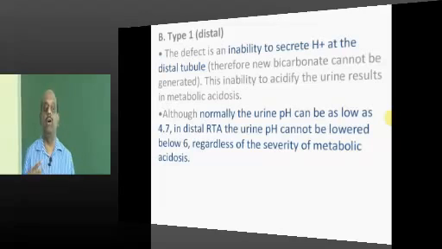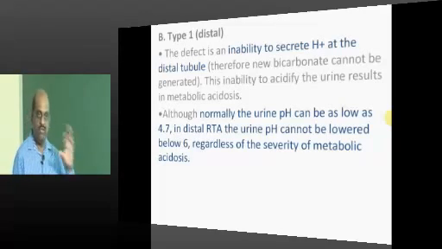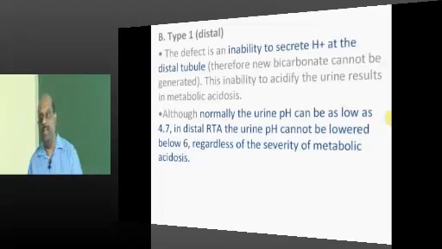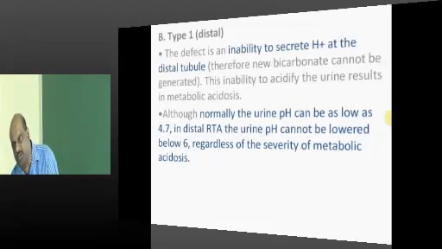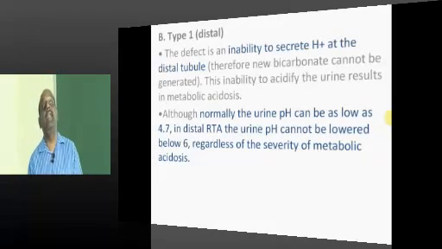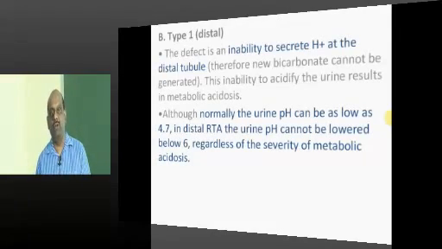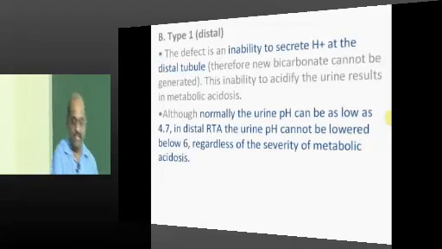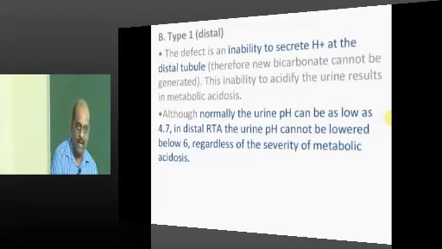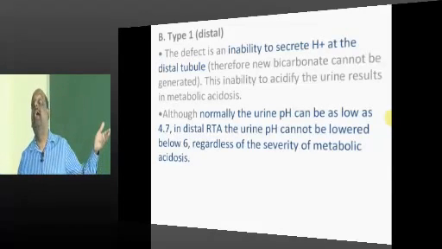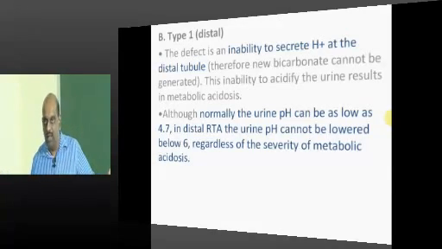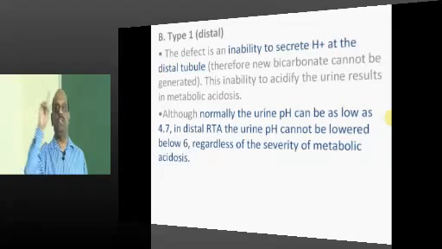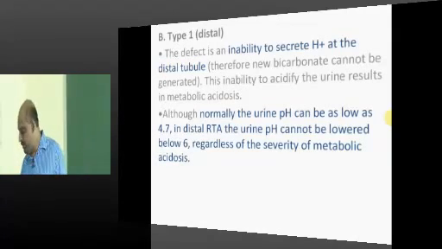Hence they are capable of producing ammonia, which binds with H plus, and in the form of NH4 plus it is lost into urine. That is how H plus is secreted into the tubular fluid. If that ability is lost, H plus can't be secreted, H plus is pent up in the plasma, and that lead to development of acidosis, which is called type 1 distal RTA is what need to be remembered.